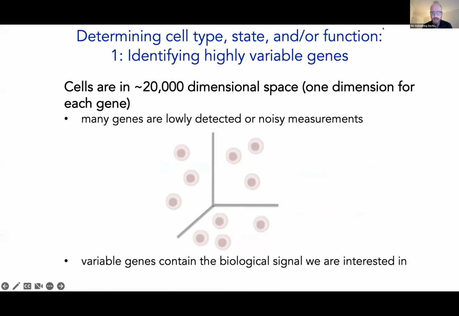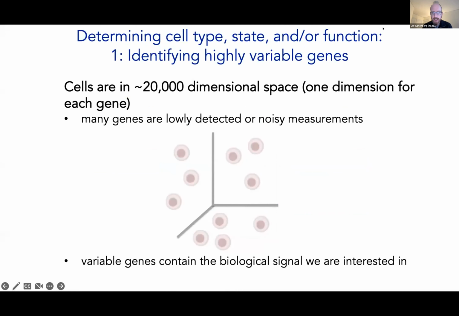So start with clustering. There's multiple steps, and the first few steps involve reducing the dimensionality of the data. Each of the individual cells in the single cell transcriptomic experiment has 20,000 measurements, one for each gene. However, many of the genes are lowly expressed, or because of technical reasons, the data is very sparse, meaning there's a lot of zeros, so we don't capture the gene's expression.